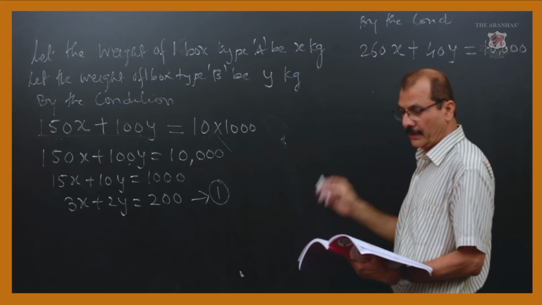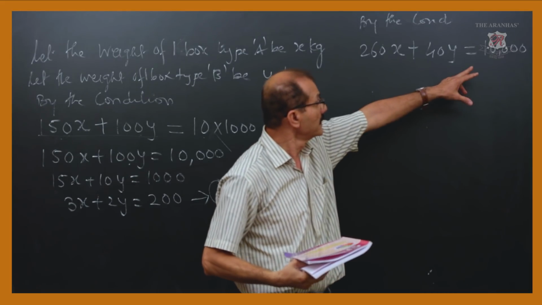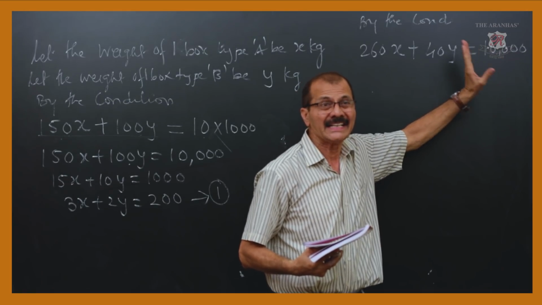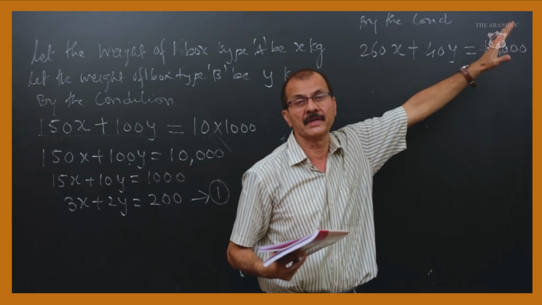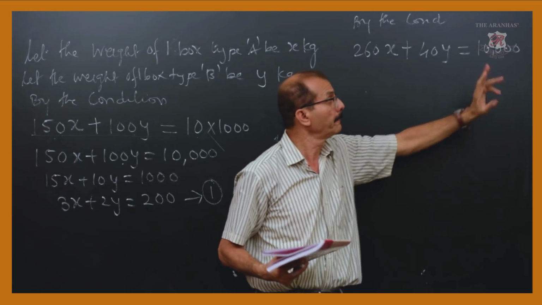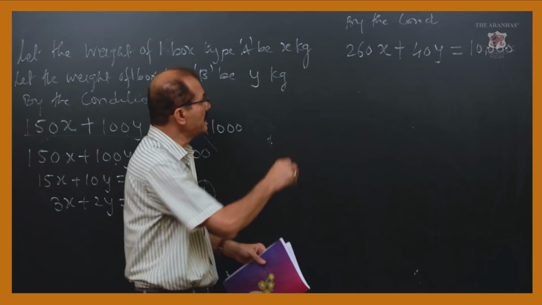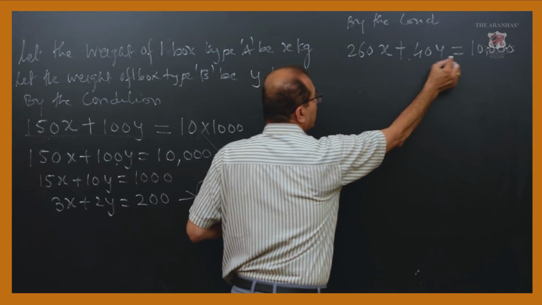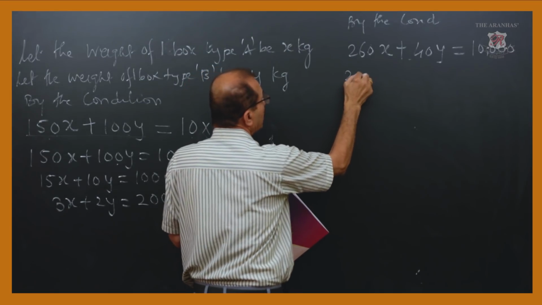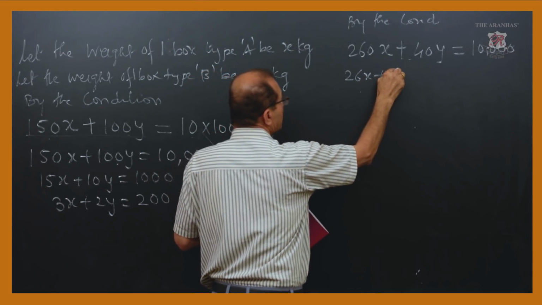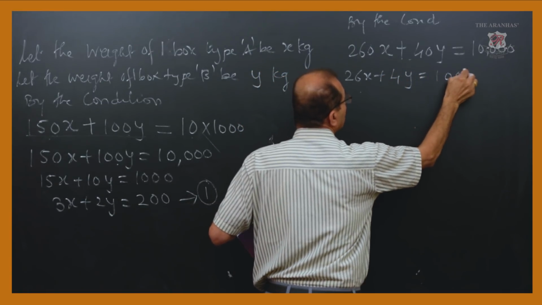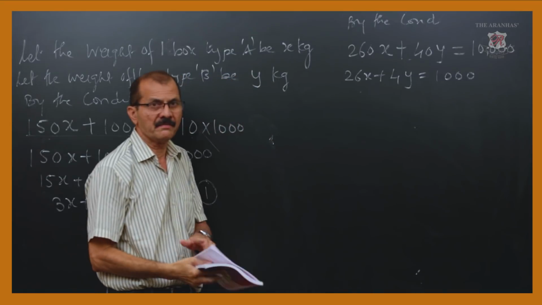I hope you understood why I wrote 10,000 here. 10 tons, but tons should be converted into kg, and that is why 10,000 I will get. Now, further you can simplify this, again dividing by 10 throughout, you get 26x plus 4y is equals to 1000, dividing each term by 10.